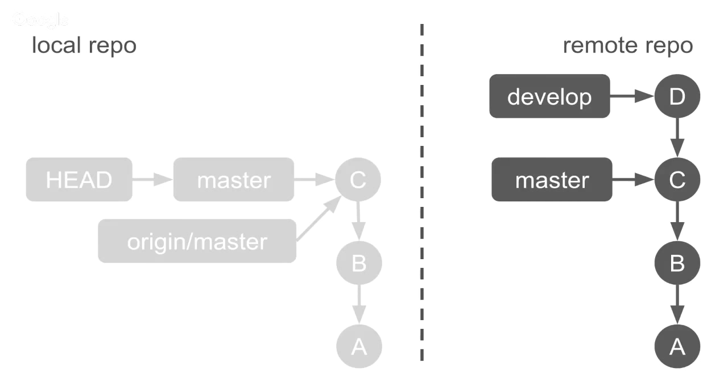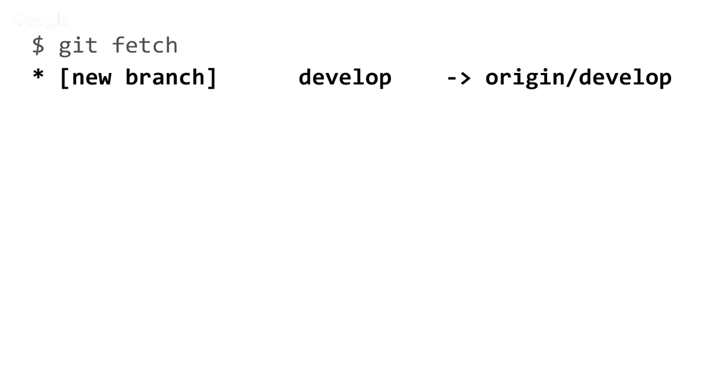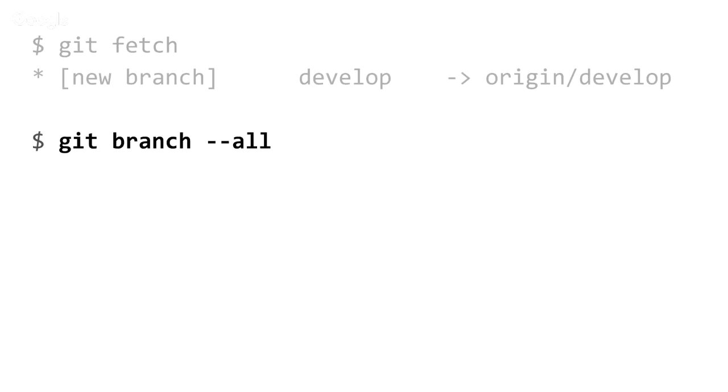So we would need to use git fetch, and git fetch will get all the up-to-date information from remote. And after executing this, we see there is a new branch.